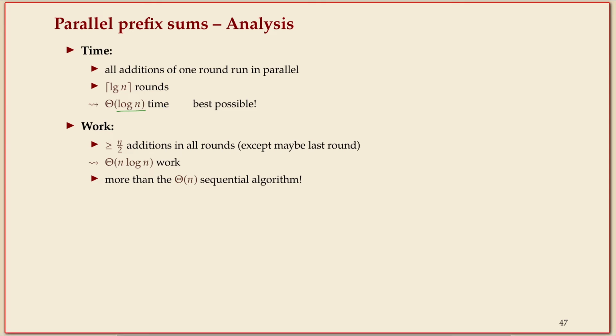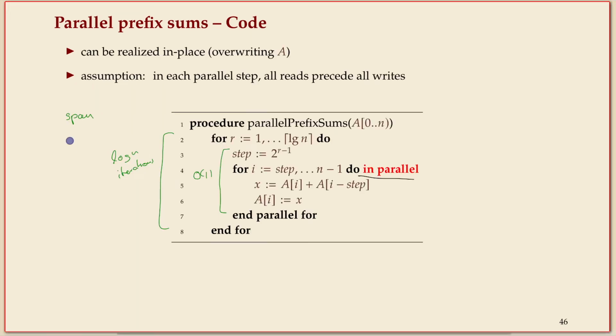Let's use this for work. What can we say about the work? Well, for that, we basically ignore the in parallel statement and treat it as a sequential algorithm and see how long that would take. If we do that, we see that this part is indeed constant, and this, of course, too, constant time. But we repeat this loop roughly n times.